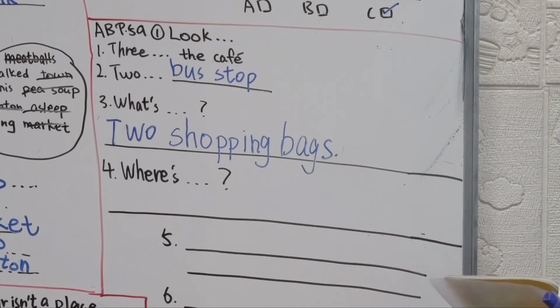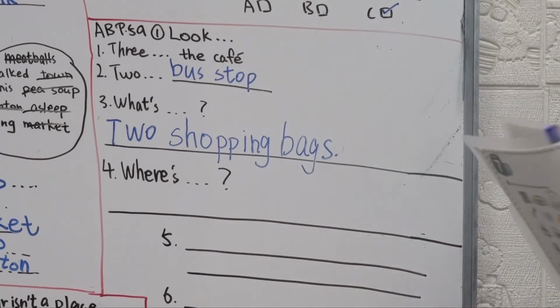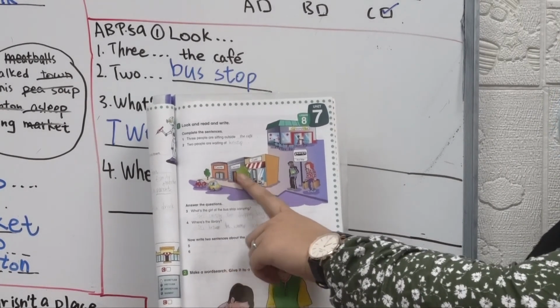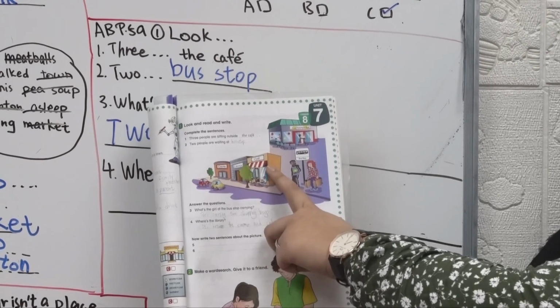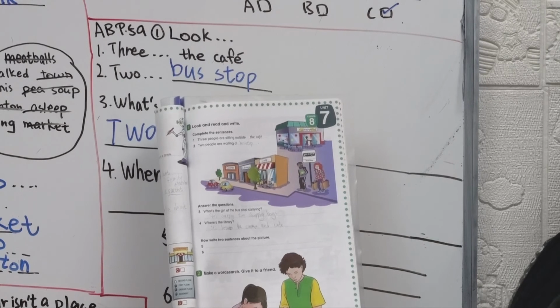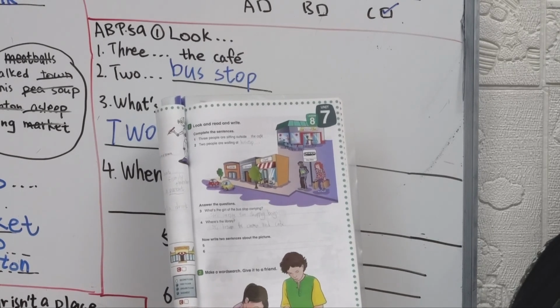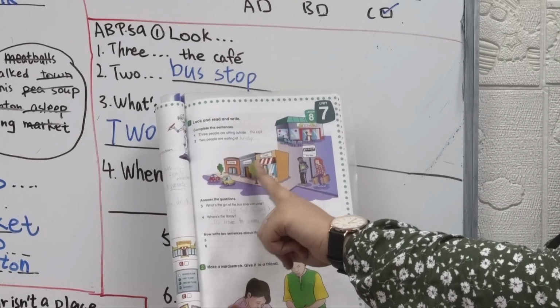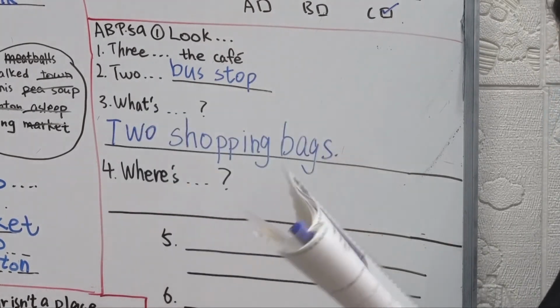Number 4. Where's the library? So where's the library? Here. So here is the cinema. Here's the library, and here's the cafe. So how are you going to tell me where's the library? So you may say the library is between the cinema and cafe, right?